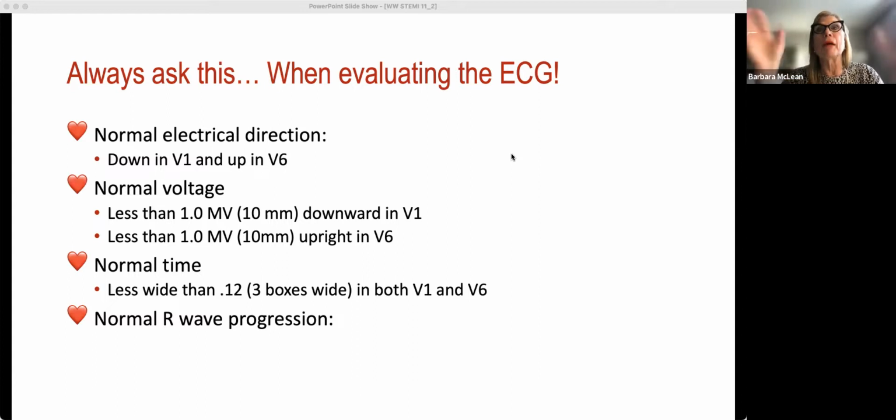We're going to talk a little bit about that. And of course, not mentioned here because that'll be the major focus of our talk this time, is there ST segment elevation or depression? And how are you going to quantify that and bring that all together? But these really simple strategies help us to evaluate the EKG and hopefully rule out conditions that can cause ST segment elevation without being a STEMI.